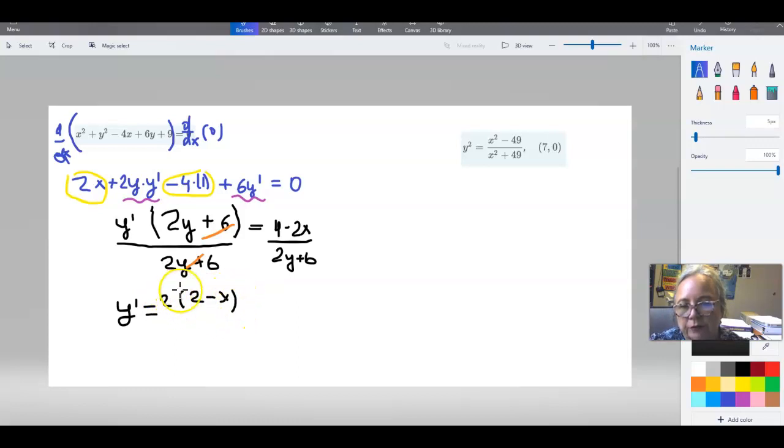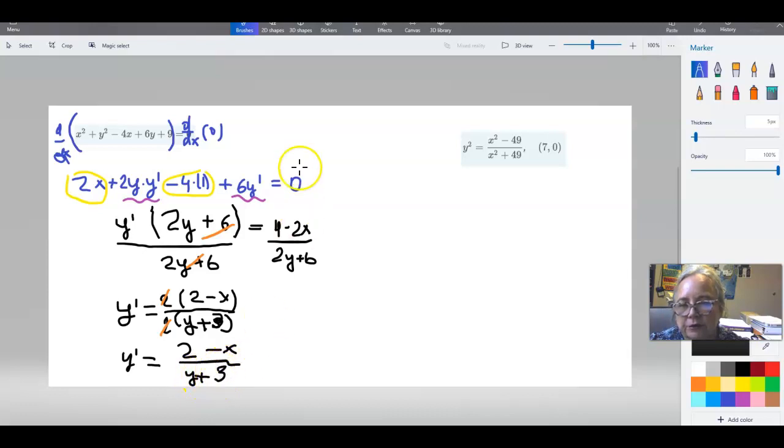If you open back, 2 times 2, 4, 2 times negative x, negative 2x. And the same we do here, 2 times y plus 3. As you can see, we can reduce the common factor, and the final answer is y prime equals 2 minus x, or minus x plus 2, either way, over y plus 3. So that's the answer.